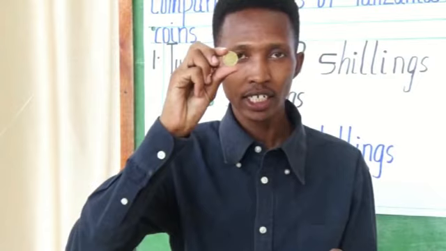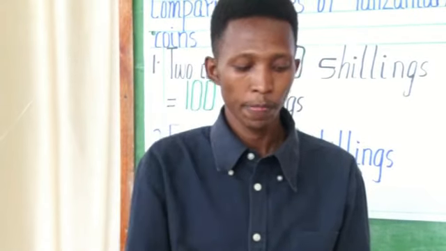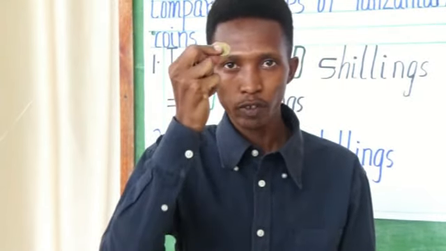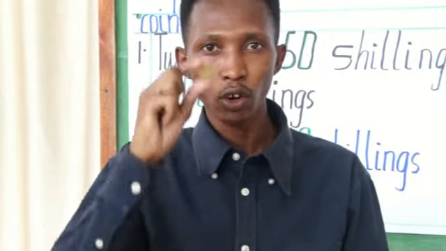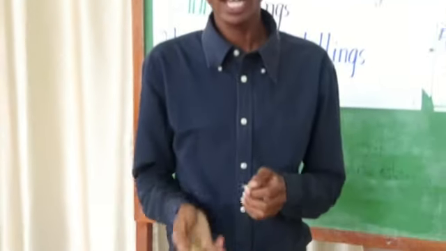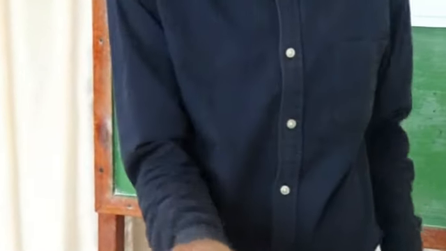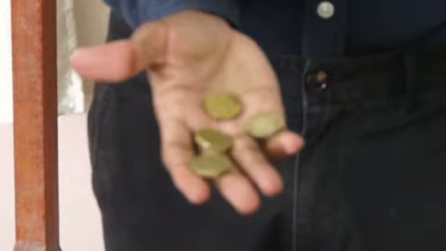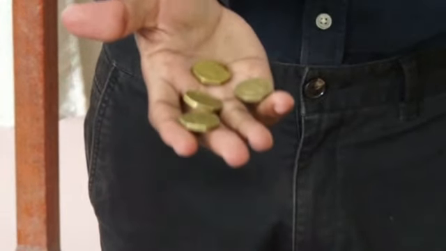This is the second coin of 50 shillings. This is the third coin of 50 shillings. And this is the fourth coin of 50 shillings. So when I have 4 coins of 50 shillings, how much will I have?